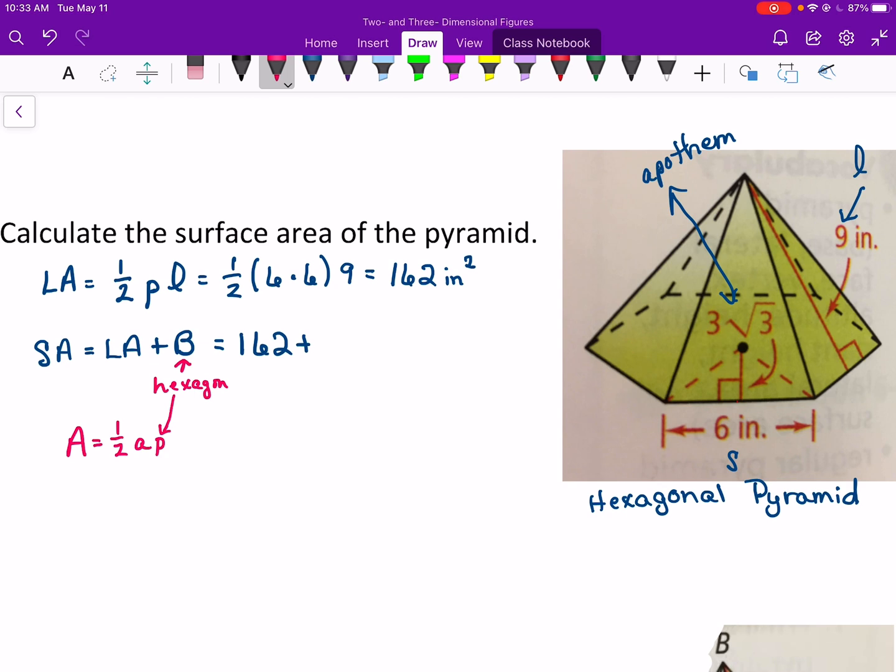All right, so here we go. 1/2 times the apothem, that's the 3 square roots of 3, times the perimeter of the hexagon. We've already calculated that once. Each side is 6. There are 6 sides, so 6 times 6.